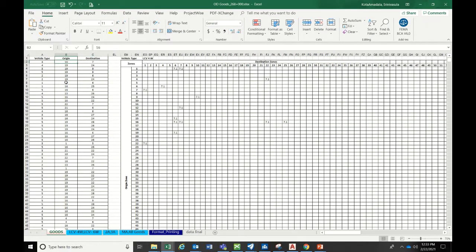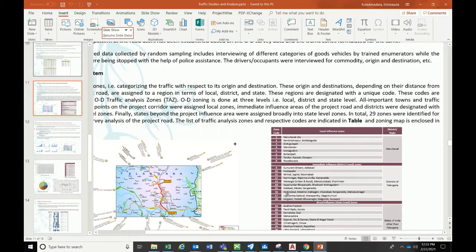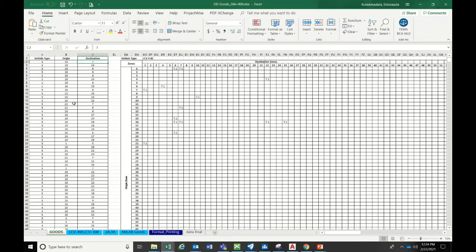As mentioned in the slide, there is a code for the origin and destination. Can you see? Origin is 16 and destination is 7. It means the vehicle is coming from Hyderabad and going to Tandur and Kasipet. That is the bifurcation.